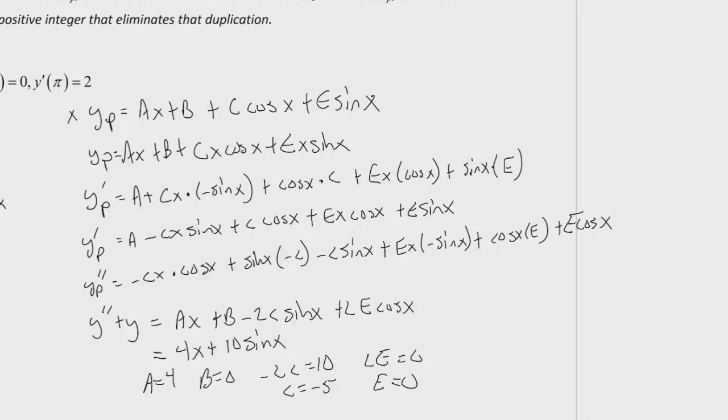All right, so let's put all that in so we can have a nice pretty answer. Our general solution was y equals c1 cosine x plus c2 sine x plus 4x minus 5x cosine x.